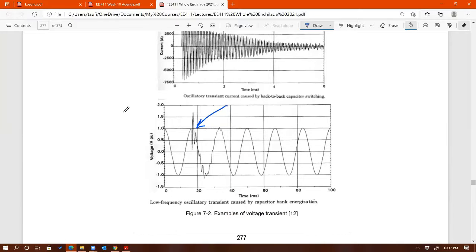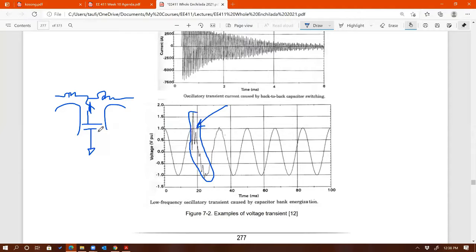So again, if you have a power line that's mostly inductive, and then you have power factor correction, which is capacitor, then as soon as you turn on the capacitor, you're creating LC resonance, right? And that's the high frequency. If you zoom in to the sine waves, that's high frequencies, higher than 60 hertz.